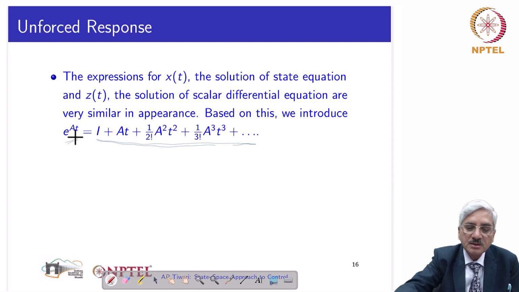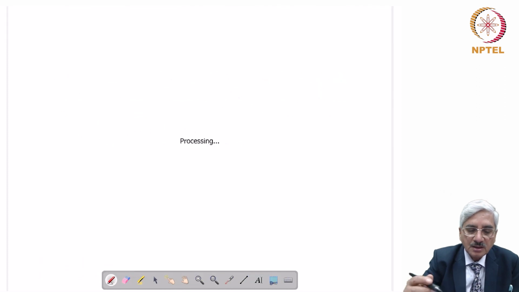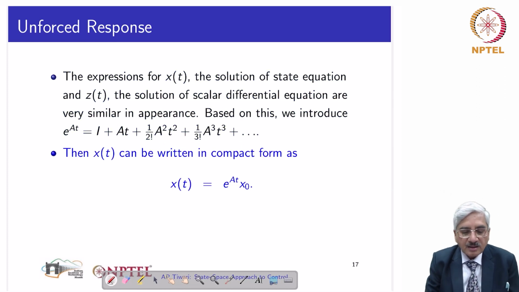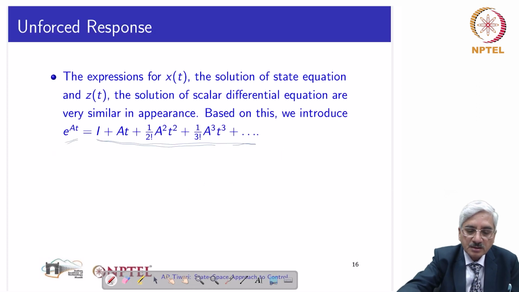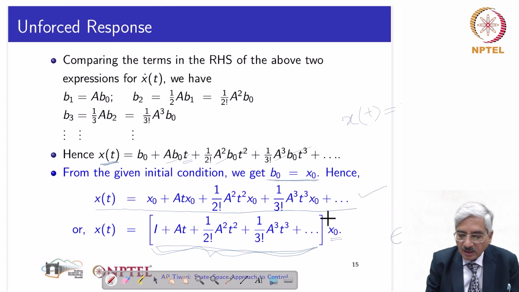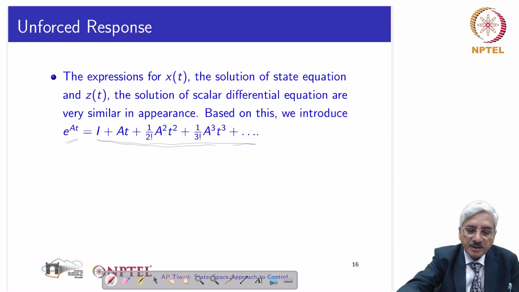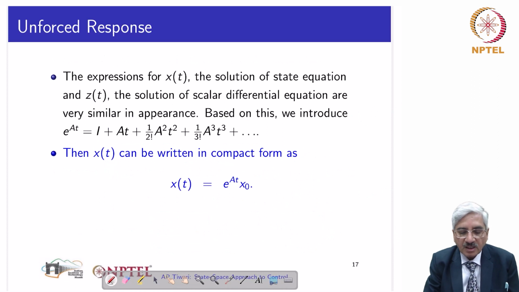We introduce this matrix exponential e power At, and in that case x(t) can be written as e power At into x0. This comes from this. x(t) is this into x0, and this is written as matrix exponential e power At. So we get x(t) as e power At x0.